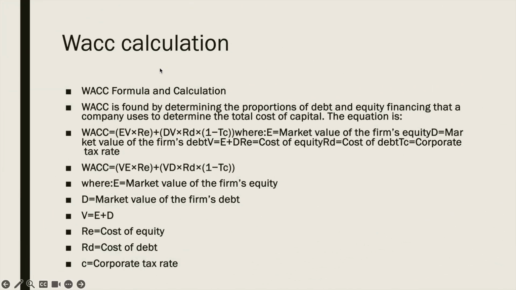So the WACC calculation is quite a simple formula. Here you can see the return of the bond and the weight of the bond. RE is the cost of the equity, and E/V is the weight of the equity.